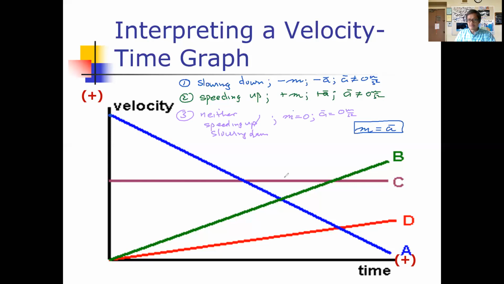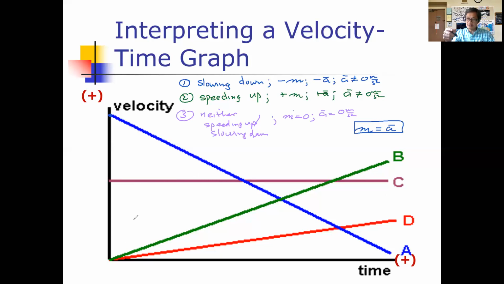There's no acceleration here, but make sure you keep this in mind. The velocity here is not 0. If the velocity was 0, it'd be down here. If the object is not moving at all, then you can imagine this line would be right on the x-axis here.